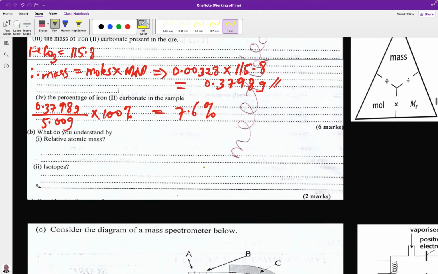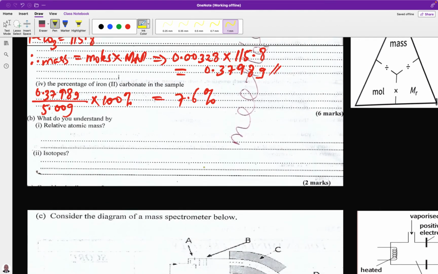Now, B part of it, what do you understand by relative atomic mass?